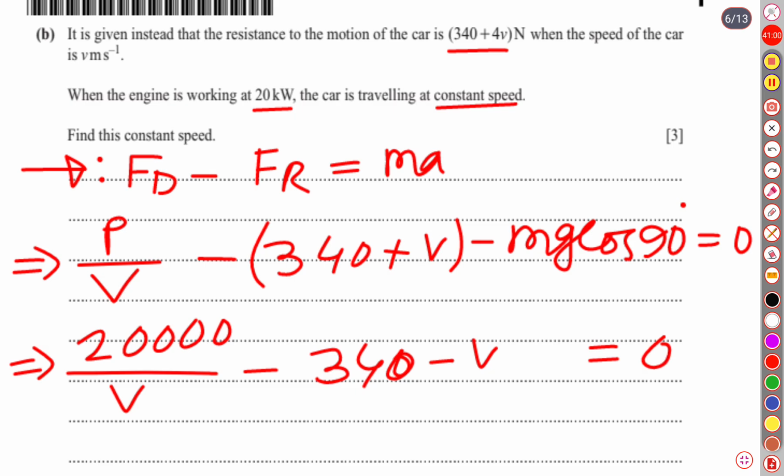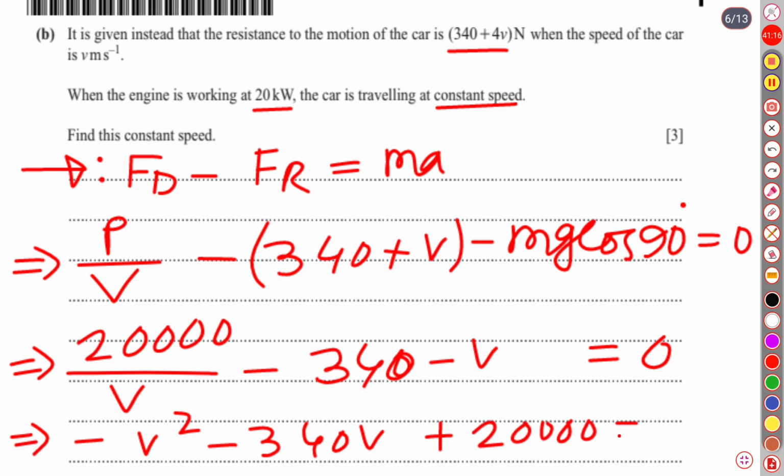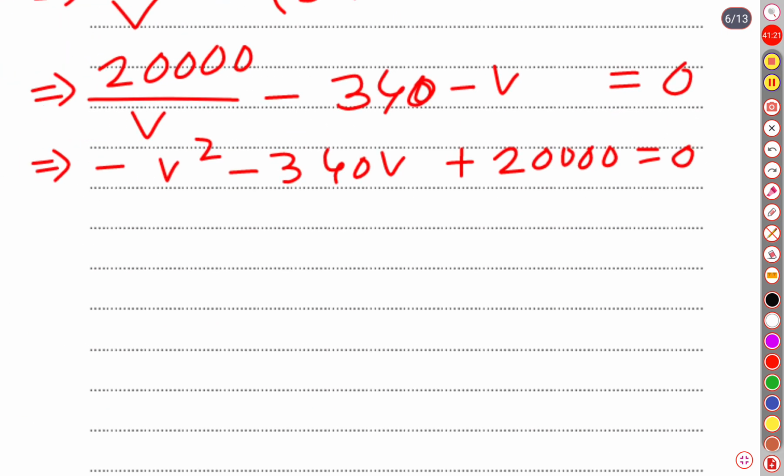Well, then if we multiply every quantity by v, it is going to be negative v squared minus 340v plus 20,000 equals 0. We will have to factorize this, and for factorizing, let us dissolve the symbols. Sorry, we skipped something.